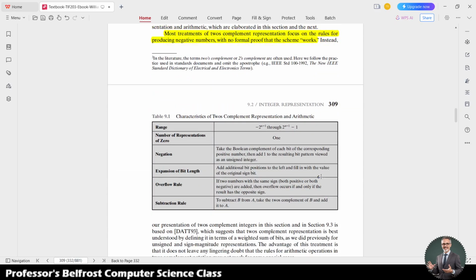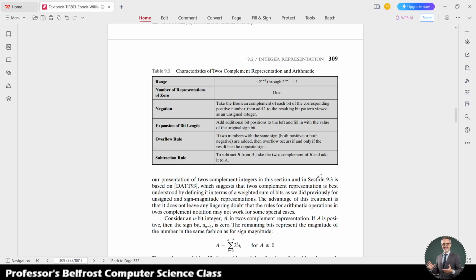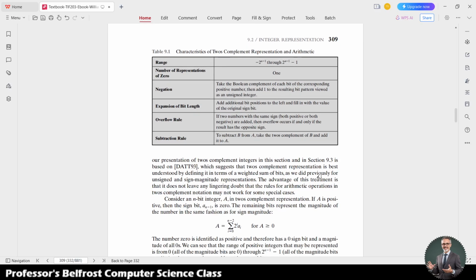Let's see how this book reviews it. This is the summary on the characteristics of two's complement representation and arithmetic. I really want you to read it.